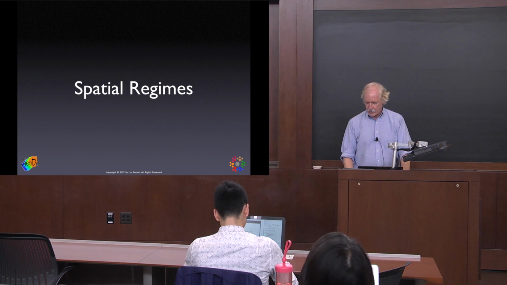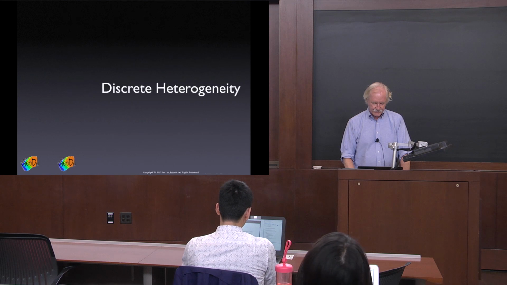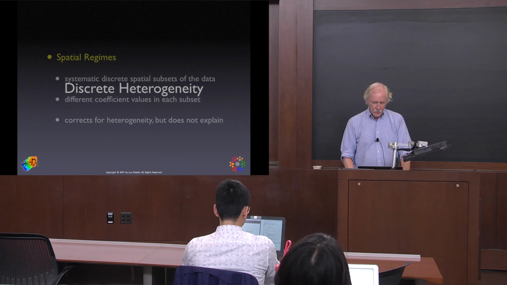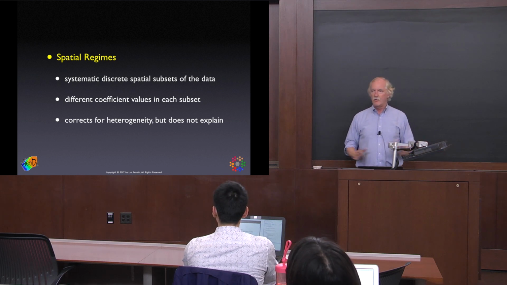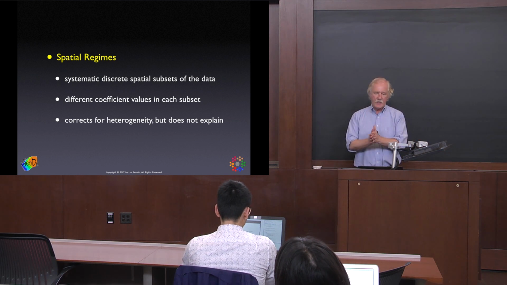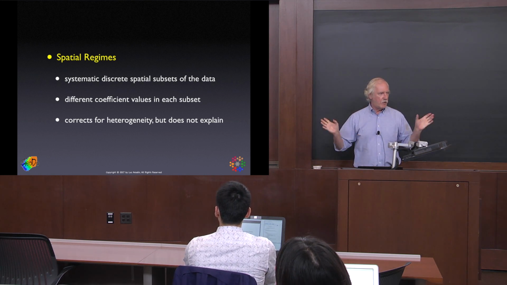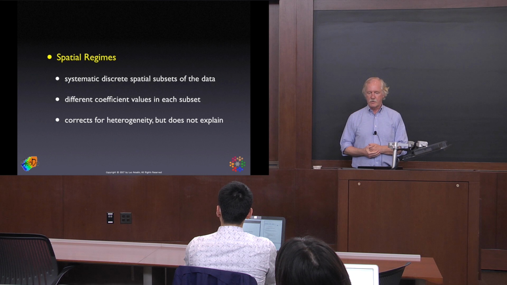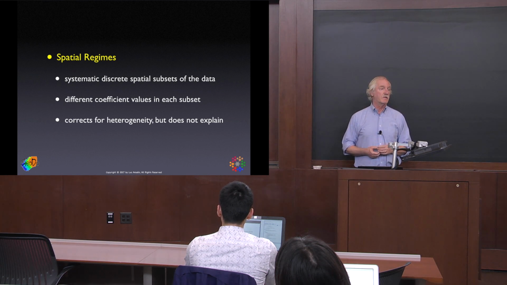So let's start with the discrete setup with spatial regimes. Basically, very simple, right? We take the data, we systematically define subsets in the data, and then we run a different model in each of the subsets. Important to keep in mind, this corrects for heterogeneity, but it doesn't explain it, right?